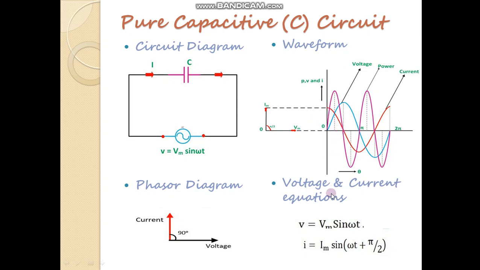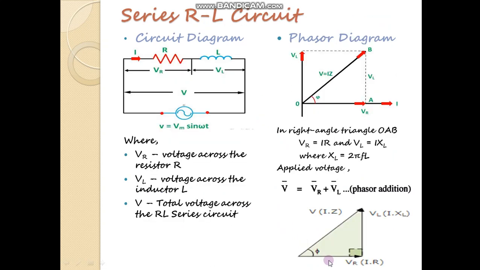So while writing the voltage and current equations, as we have taken the voltage as reference, it will be V equals Vm sin omega t, but for current I equals Im sin of omega t plus pi by 2, or plus 90 degrees, because the current has started before the voltage by exactly 90 degrees, or the current is leading the voltage by 90 degrees.